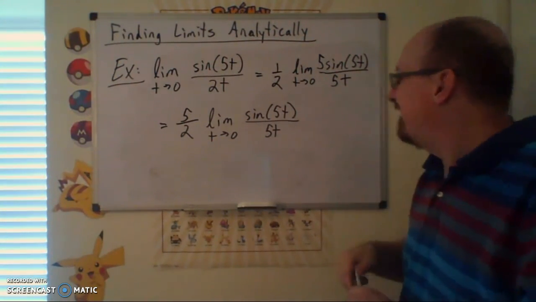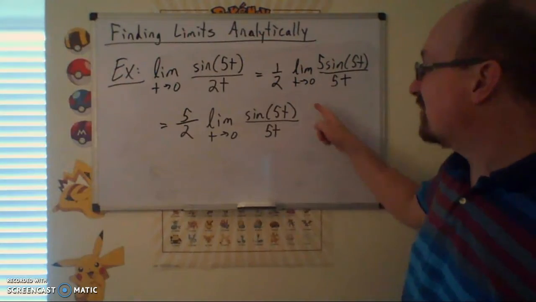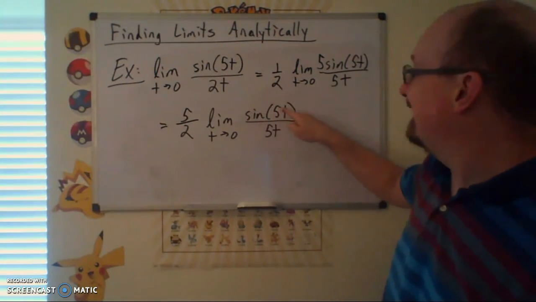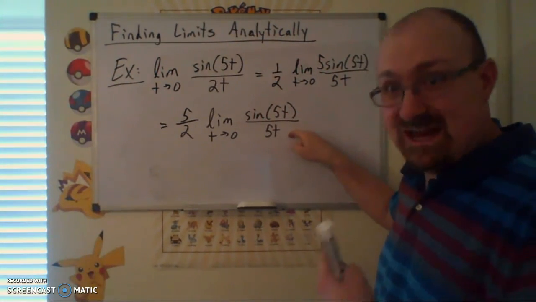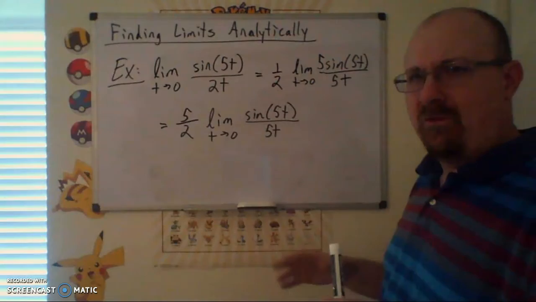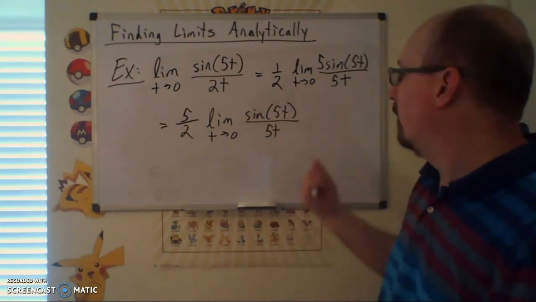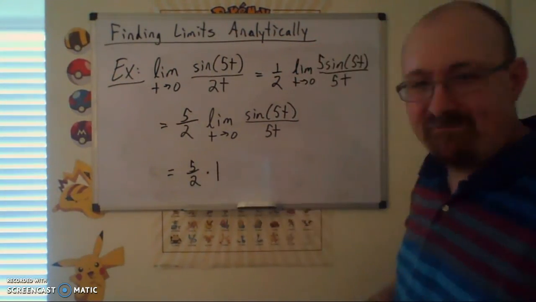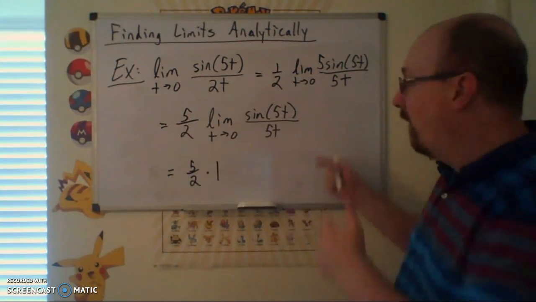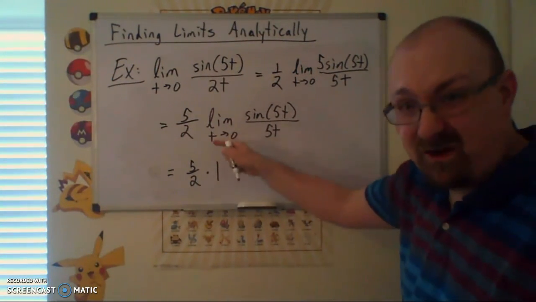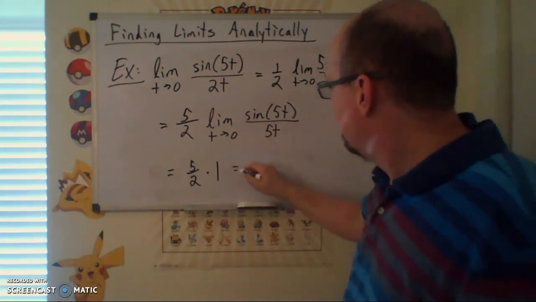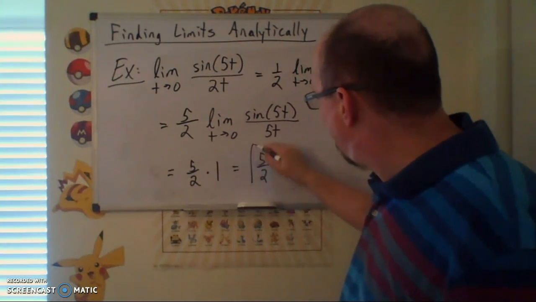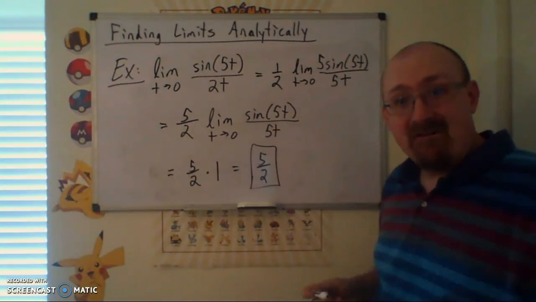But by and large, now we can call in that special limit: sine of a thing over the same thing, as the thing closes in on 0, gives a limiting value of 1. So we have the 5/2 from out front, and the 1 that results from our special limit. The overall limit is simply 5/2.